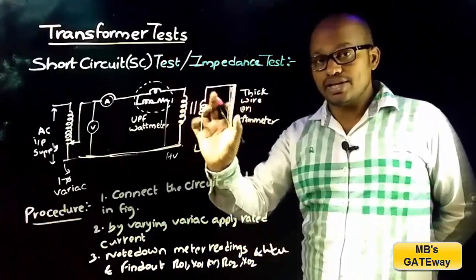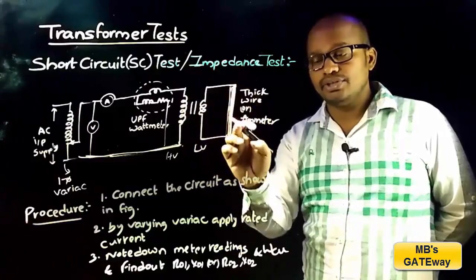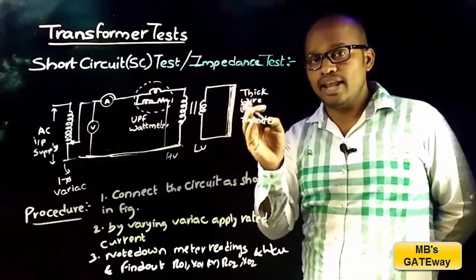So connect the circuit as shown in figure, and we must short circuit the LV side of transformer with a thick wire, or we can short circuit with an ammeter.